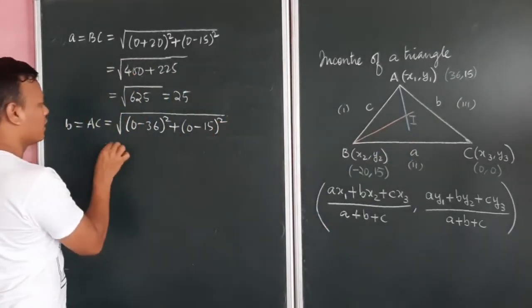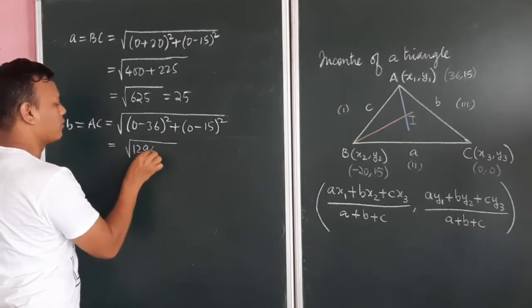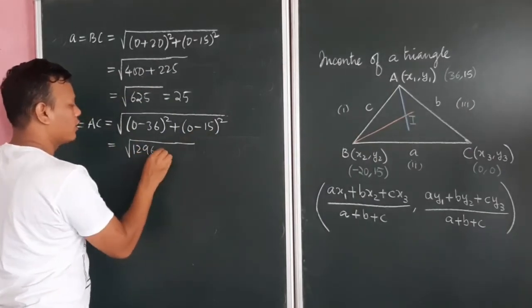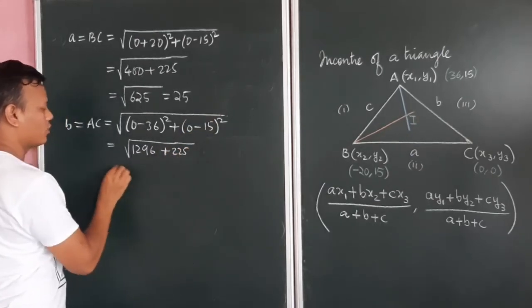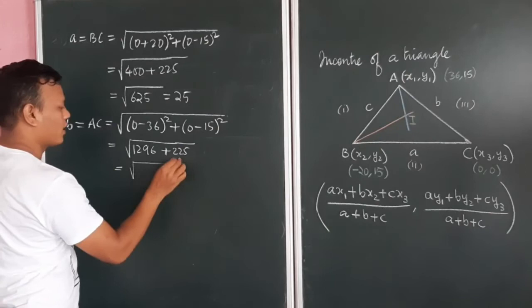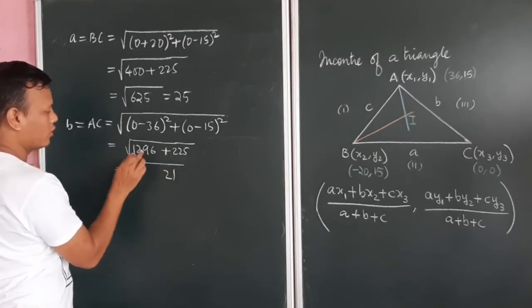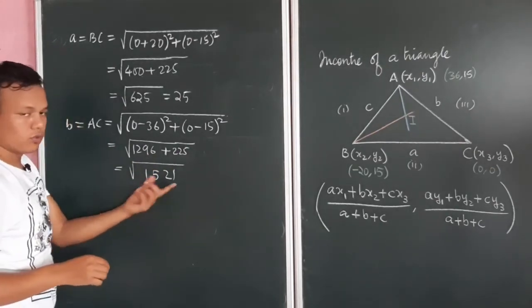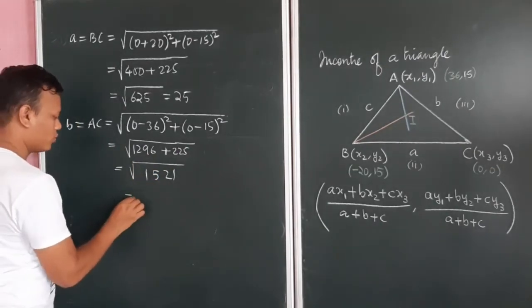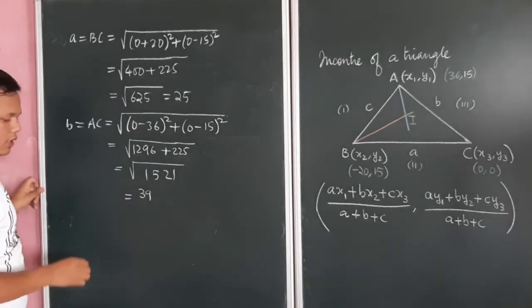So 36 square will be, I guess, 1296 if I'm not wrong, and similarly minus 15 square is 225. So let's add them up. So we have 1521. The square root of 1521, if you find out, will be equal to 39. So the value of B turns out to be 39.